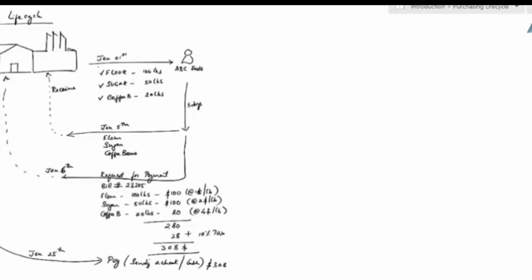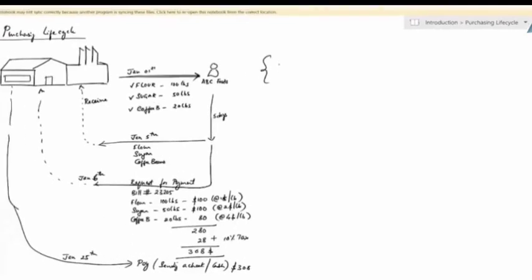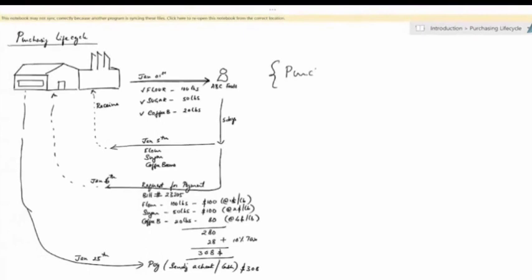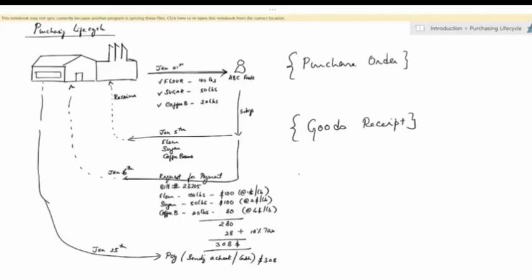So there are 4 steps that happened here. First step is called purchase order. The second step is called goods receipt, because you are receiving the goods into the warehouse.